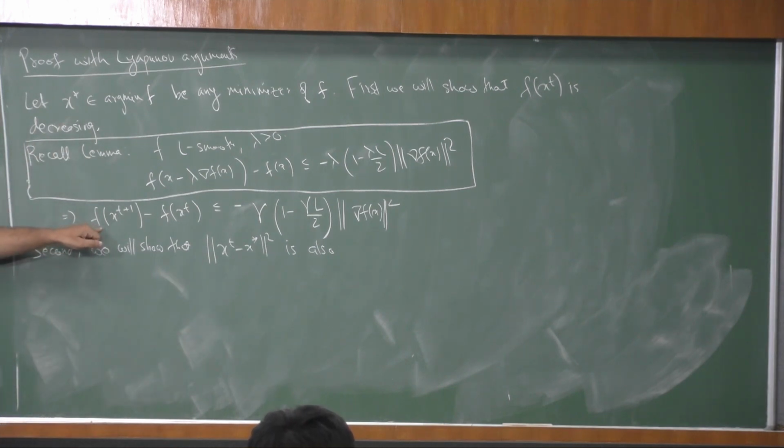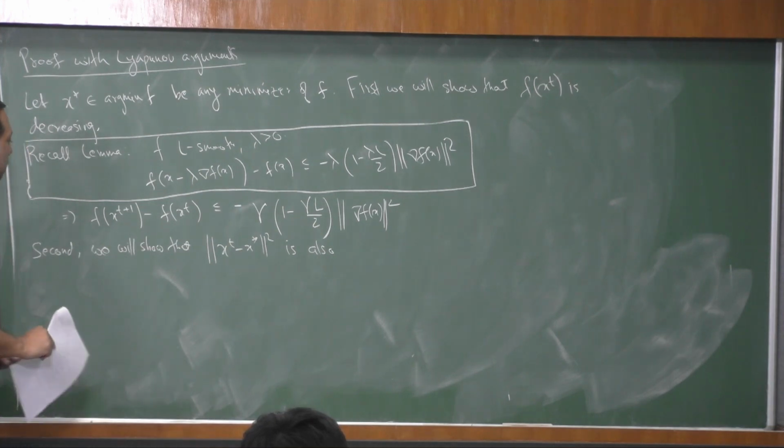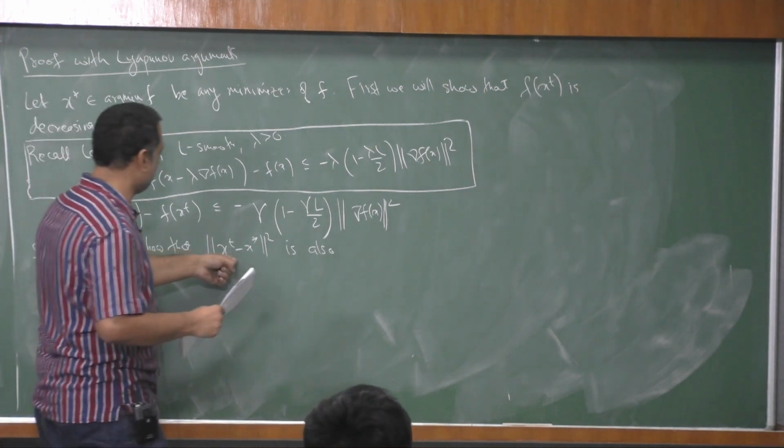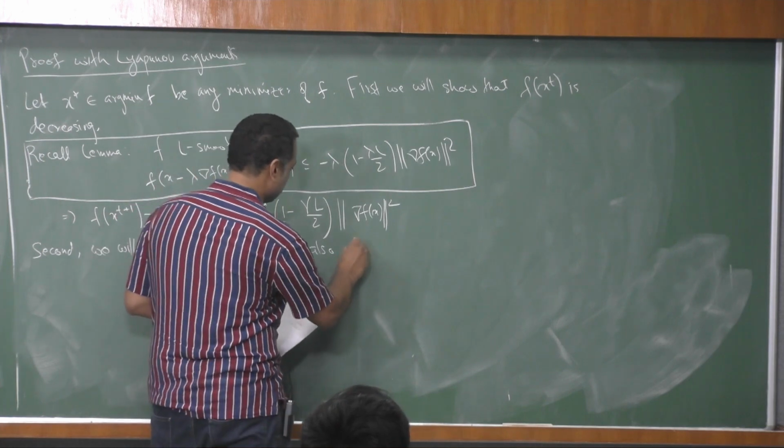Here, from here, what do we see? Here we see that f(x_t) minus f(x_{t+1}) minus f(x_t) is decreasing, because f(x_{t+1}) minus f(x_t) is negative, hence this must be lesser than this. So that we ensure that this is decreasing. Now we want to see what about the iterates, right? So we saw that this is also decreasing.